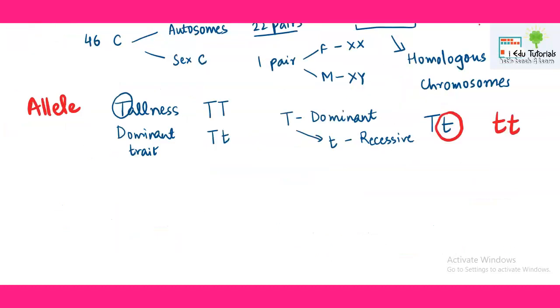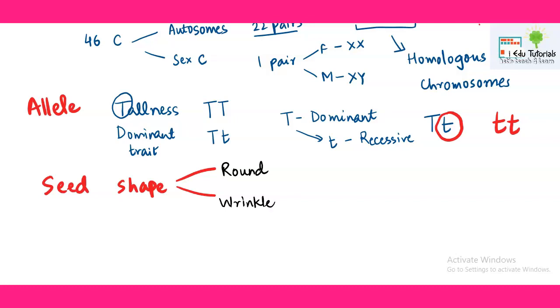Let's take one more example to clarify your concept. We knew that the seed shape was also available in two contrasting forms. One was round and another was wrinkled.